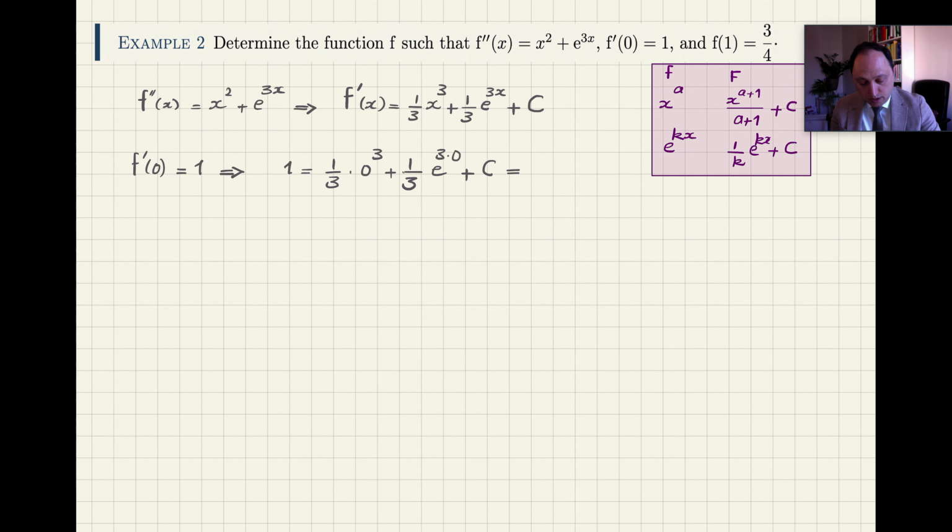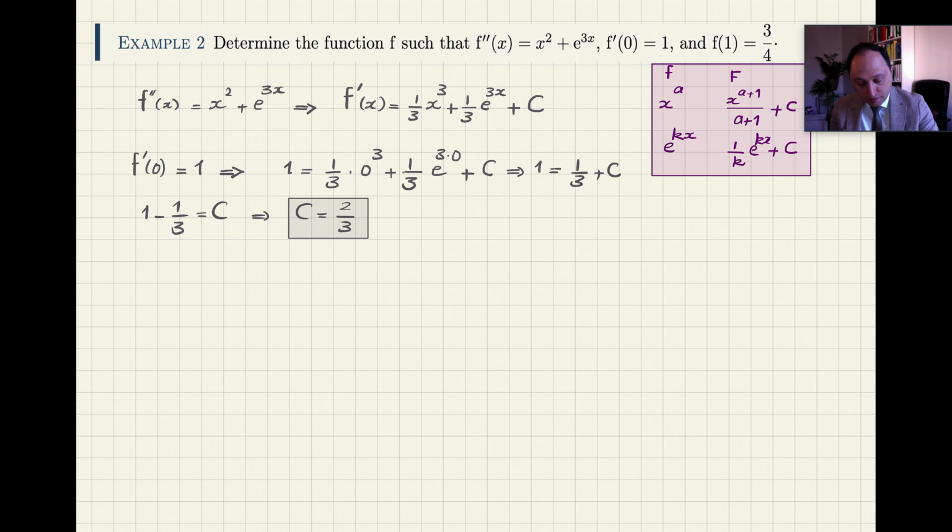Okay, so this means that 1 is equal to, this one is 0, this one is 1, so it becomes 1/3 plus c. But I am looking for c, so I move 1/3 to the left, and it becomes 1 minus 1/3 is equal to c, so my capital C is 2/3, yes? So I was able to find the capital C.